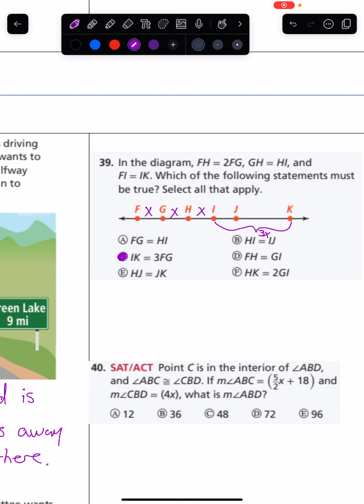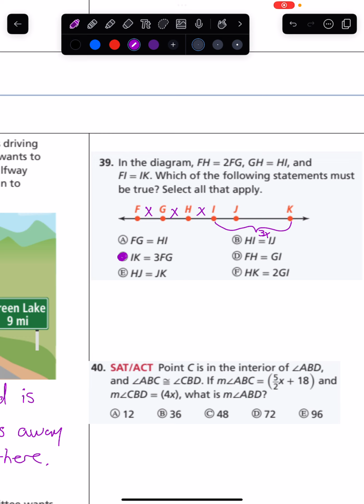Then HJ equals JK. So I look at HJ. We don't know how long HJ is. We don't know that IJ is X units long. There is no information that told us that. So we can't say that HJ is the same as JK because we don't know where J is between I and K. We don't have that information. So we can't circle that.